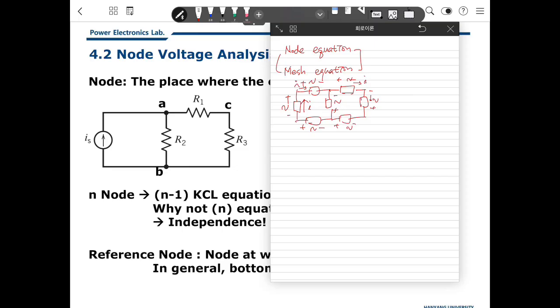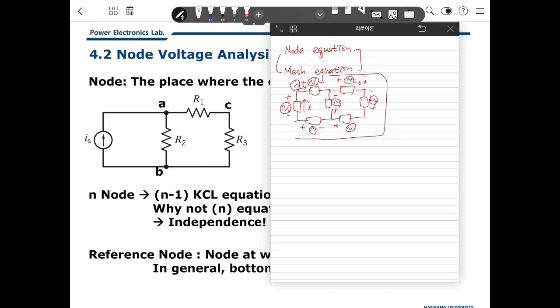Then when you can identify the values of the voltages of all elements and the currents flowing through all elements, you can say, I know this electric circuit, and we can analyze it.